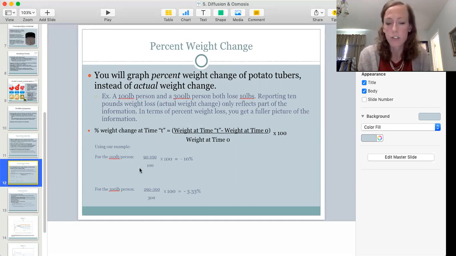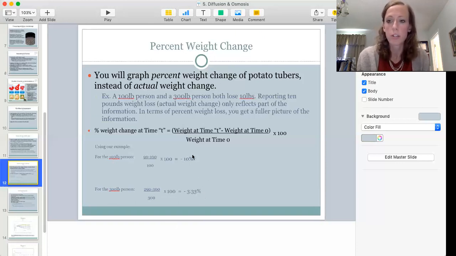So for instance, just to drill this point home a little bit more, for the 100-pound person that I described, if they lost 10 pounds, they've lost 10% of their body weight, which is a significant amount, more significant, I would say, than the 300-pound person who now weighs 290 pounds and started at 300 pounds. So they lost a little over 3% of their body weight.